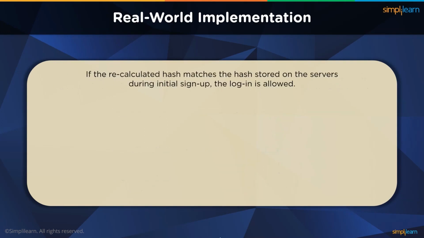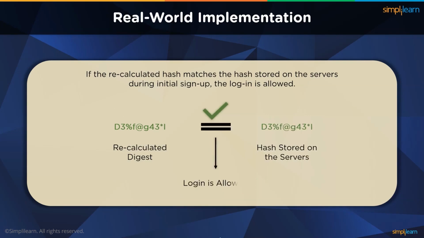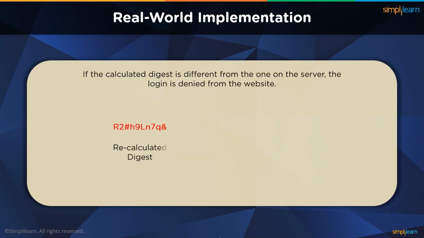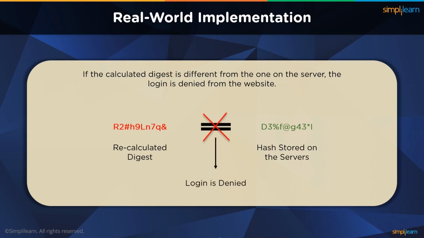If the newly calculated hash is the same as the one stored on the website server, the password must have been correct because, according to hash function terminology, the same inputs will always provide the same outputs. If the hashes do not match, then the password entered during login is not the same as the password entered during sign-up. Hence, the login will be denied.